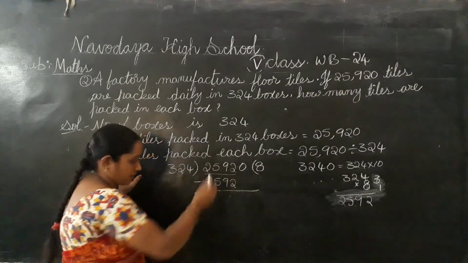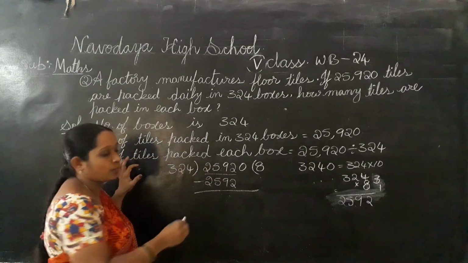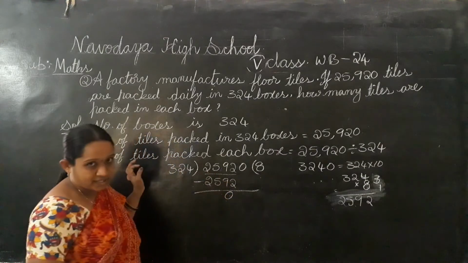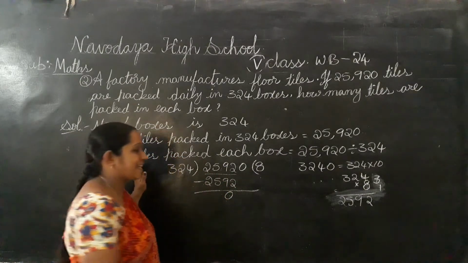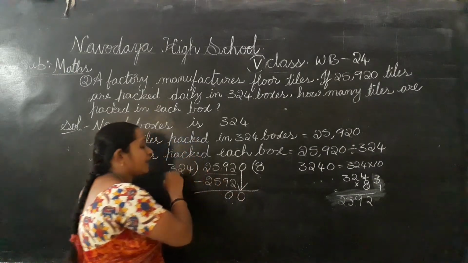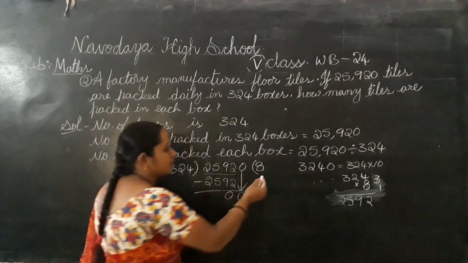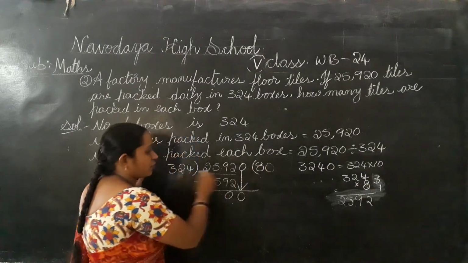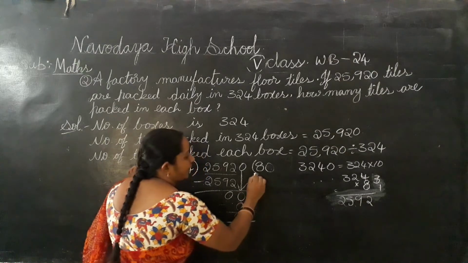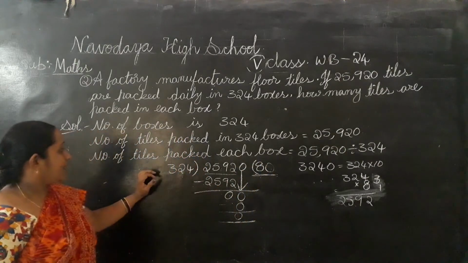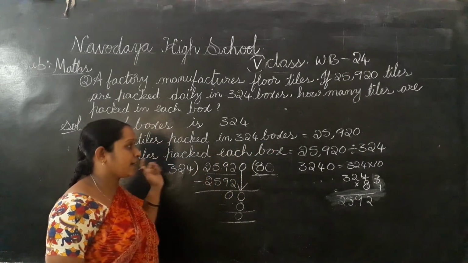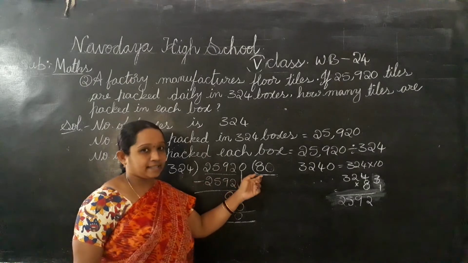Do subtraction. 2,592 minus 2,592, 0. Division is completed. No, there is another place. Write it down, 0. 0 in 324, how many times? 0 times. 324 zeros are 0. So answer 80. So 80 tiles are packed in each box.